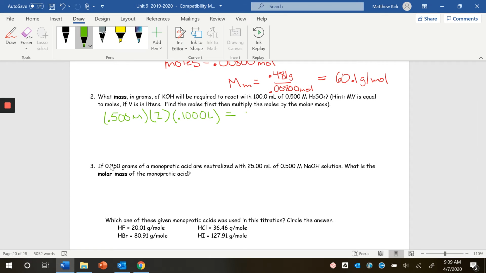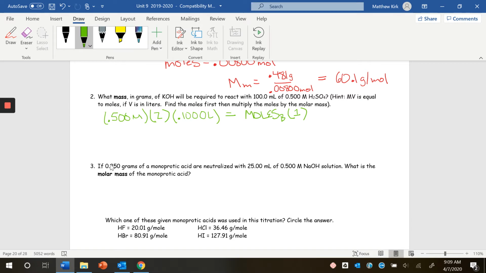When we're dealing with molar mass and moles, we can sub in moles of our base for molarity times volume, and then we have to plug in our equivalents. So instead of being MEV on the base side, remember, it's just moles in place of molarity times volume, so just moles times equivalents.